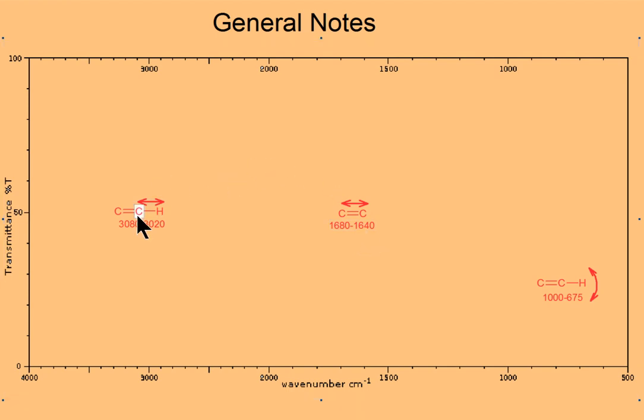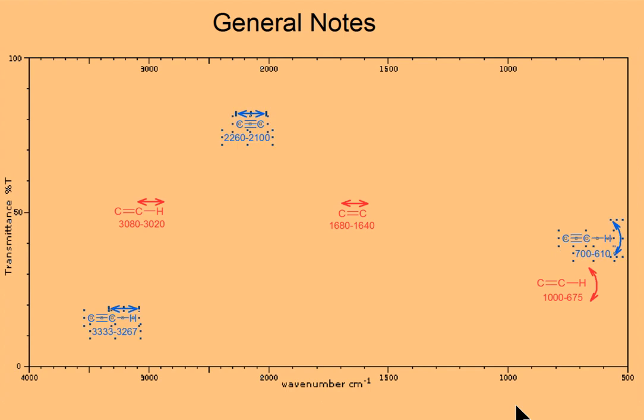If there's a hydrogen attached to the double bond, it has a stretching vibration which is moderate to weak, around 3080 to 3020 wave numbers, and also a bending vibration from side to side, somewhere between 1000 and 675, and it tends to be fairly strong, and it also tends to be very broad compared to the majority of peaks.